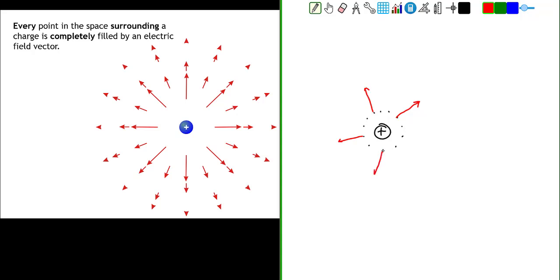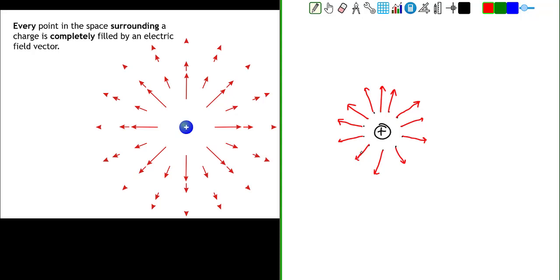I can spend a long time drawing hundreds, then thousands, then millions of electric field vectors. However, it would take an infinite amount of time to draw the infinite number of electric field vectors that completely surround this positive charge in space.